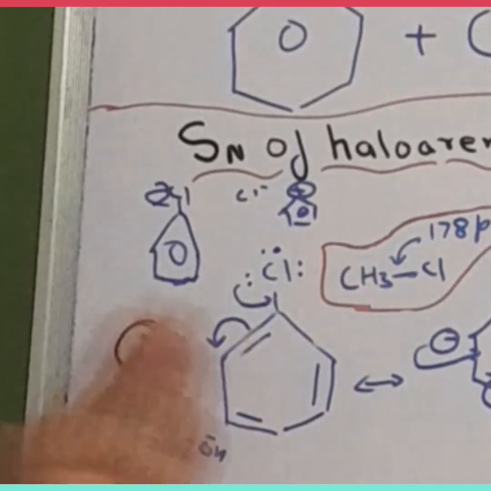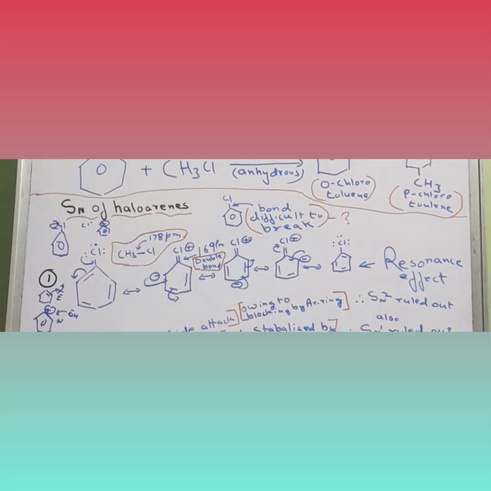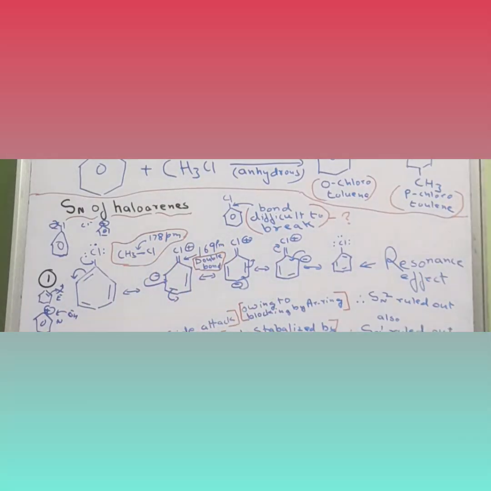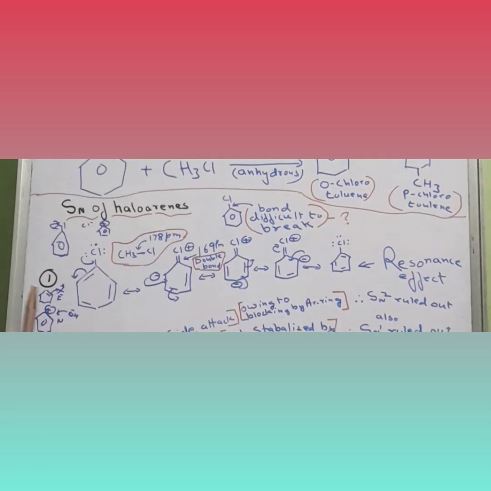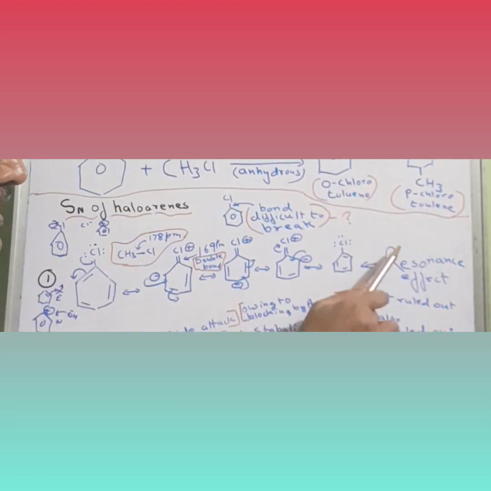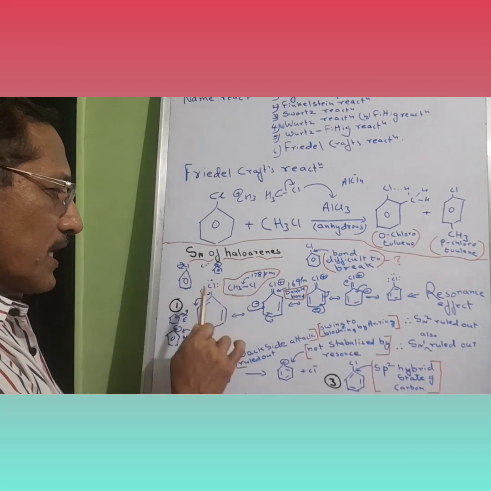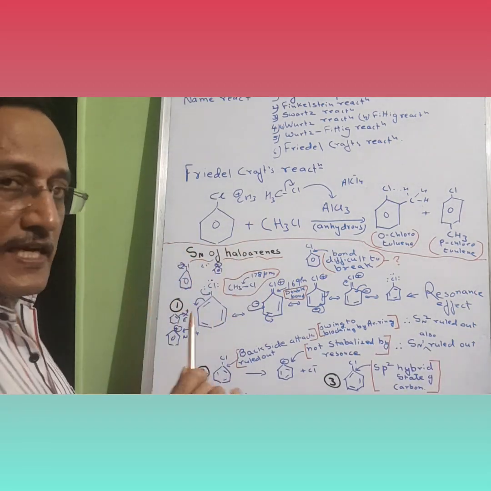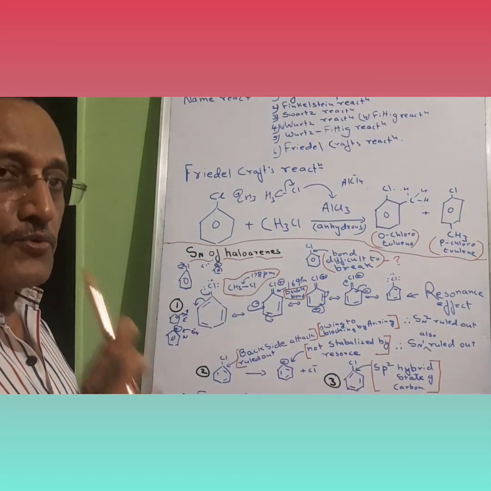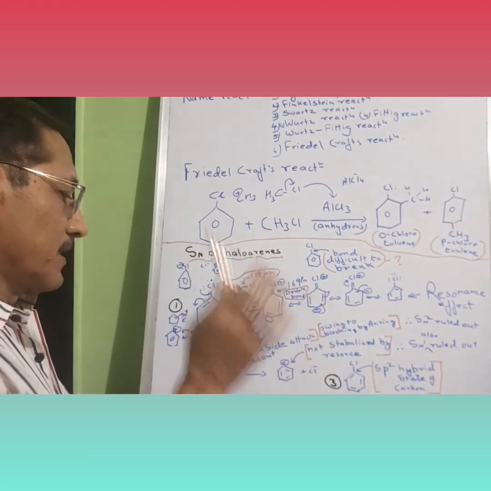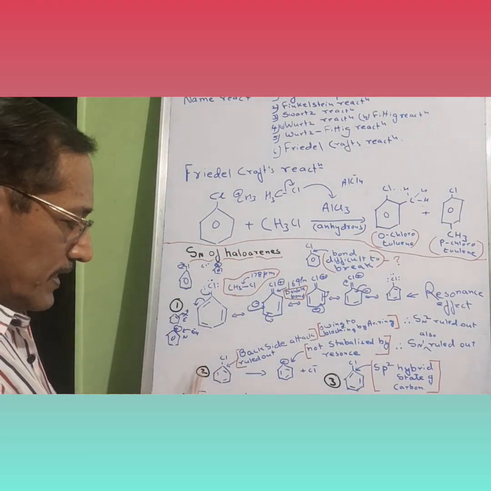It cannot go. Why? Because of this double bond characteristic of C-Cl bond. Fine, that's the aspect number 1. So resonance effect does not let the SN reaction to occur, substitution nucleophilic reaction to occur. Fine. Okay, let's go to next part.